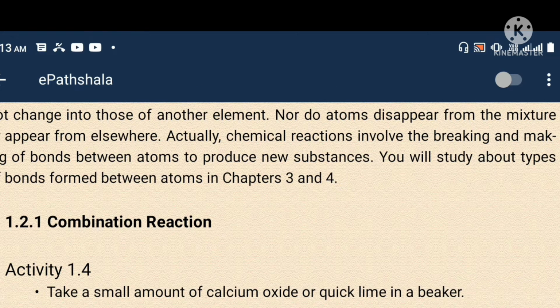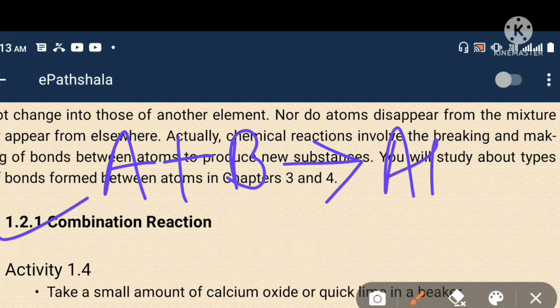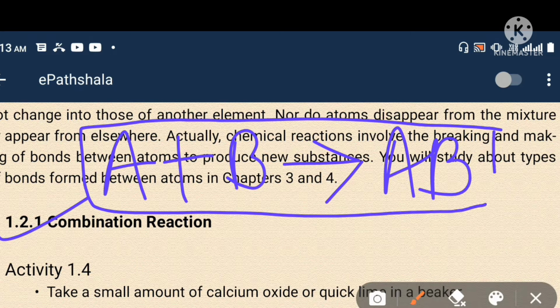Like this we can write, A plus B forms AB, only AB. This is the structure of combination reaction. Only a single product will be found. The two reactants may be elements or compounds.